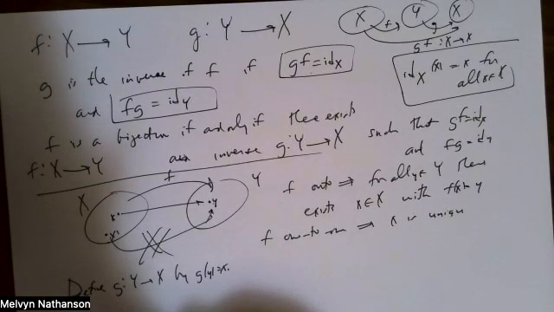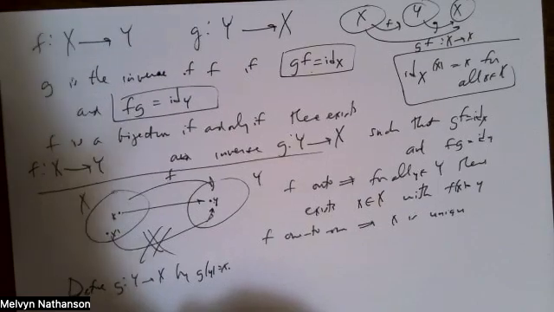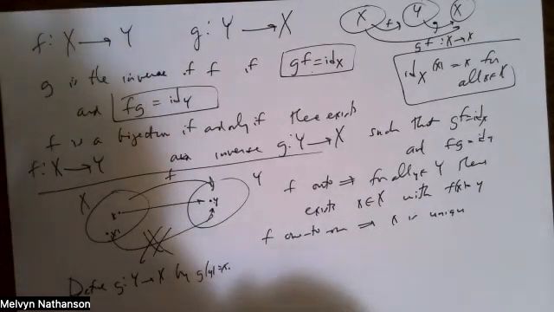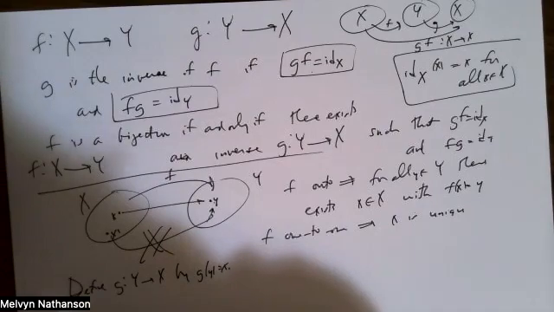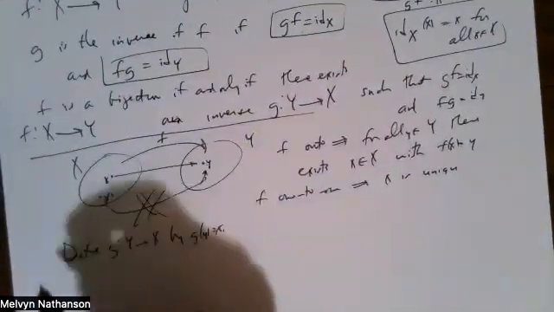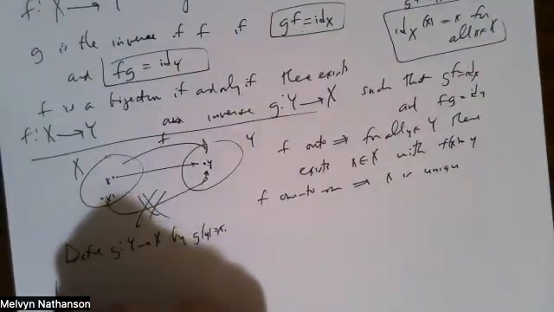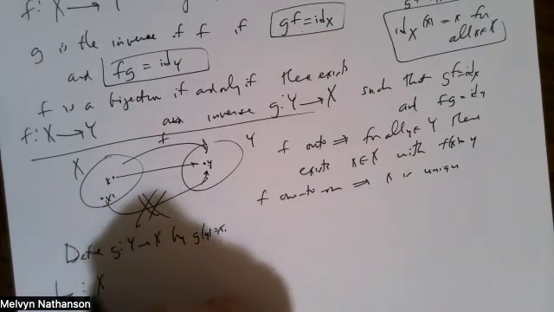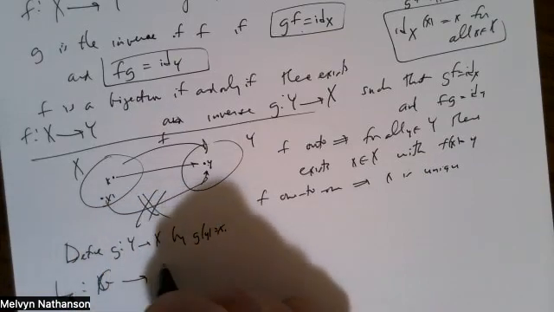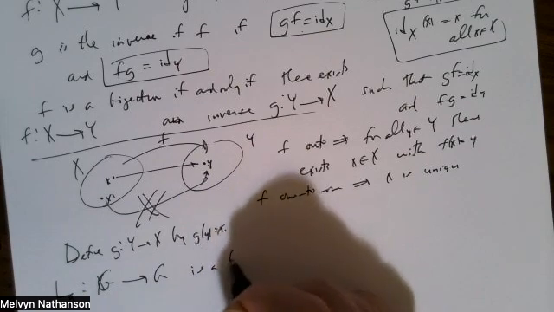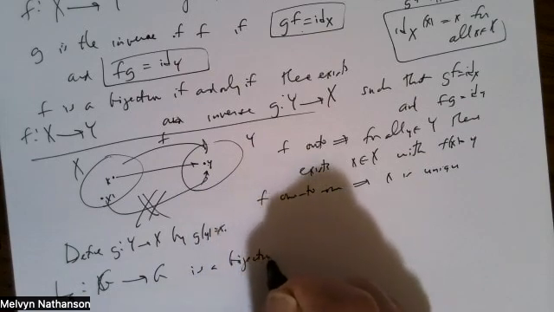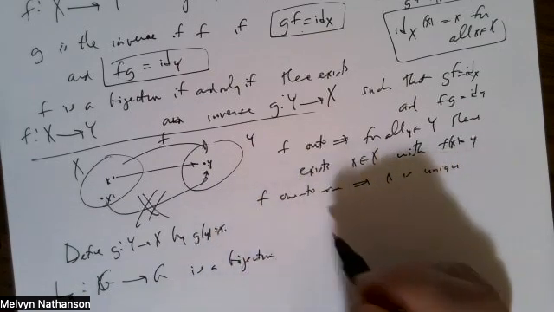And it's also straightforward to prove that if a function has an inverse, it's a bijection. And we just proved that L sub A, left multiplication by A in a group, is a bijection. So it has to have an inverse.